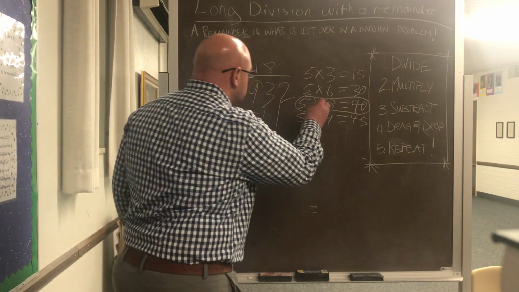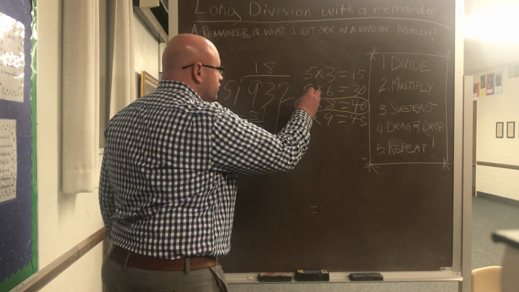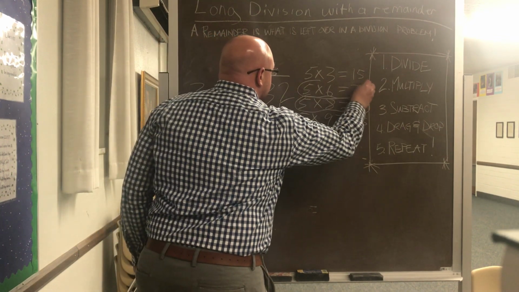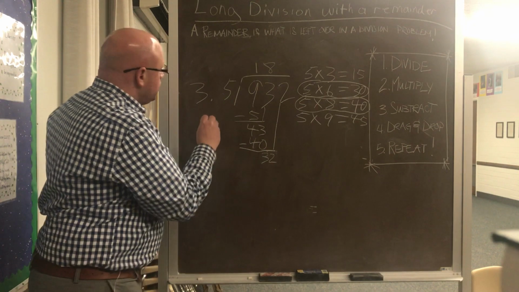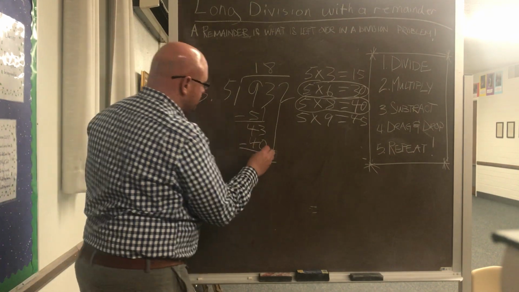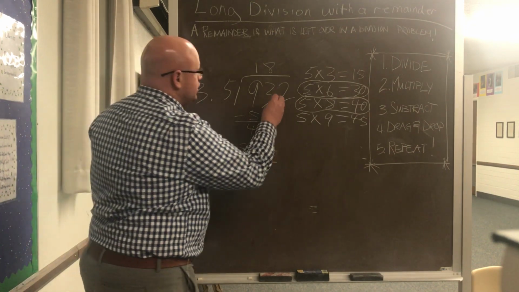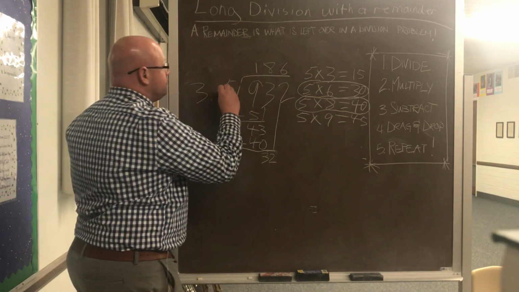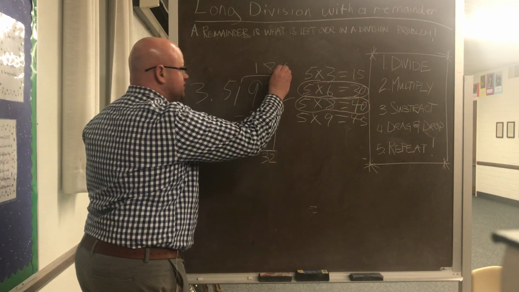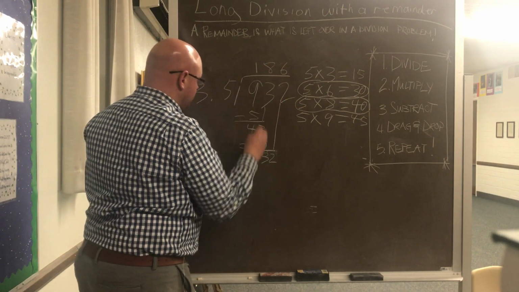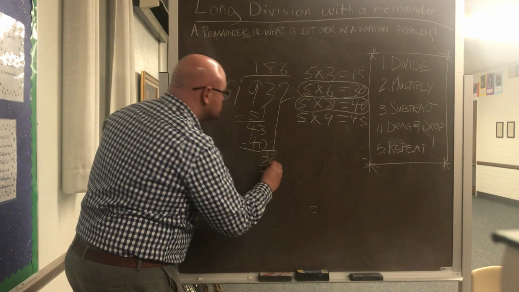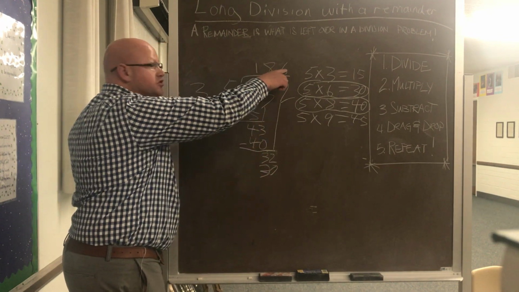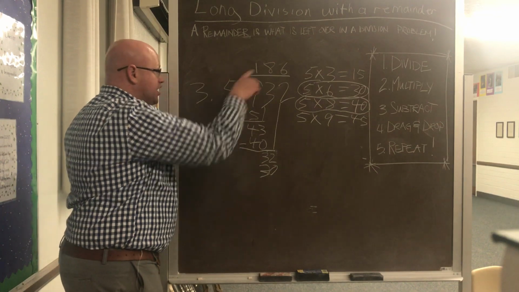So let's use that one. Let's use 5 times 6, which equals 30. So 5 divided into 32 is 6. And then the next step, 5 times 6 is 30, which we're going to put down here. So we put the 6 above the 2, and then we times it.